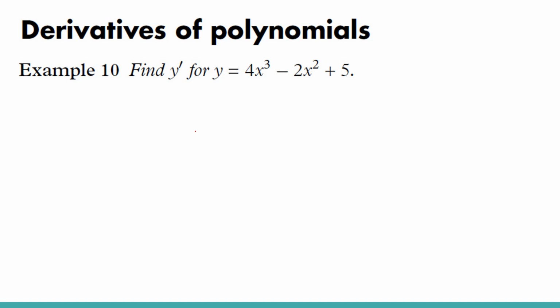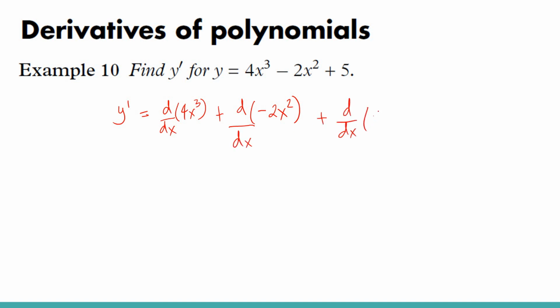Another example. Find the first derivative of y equals 4x cubed minus 2x squared plus 5. So y prime equals the derivative of 4x cubed with respect to x, plus the derivative of negative 2x squared with respect to x, plus the derivative of 5.